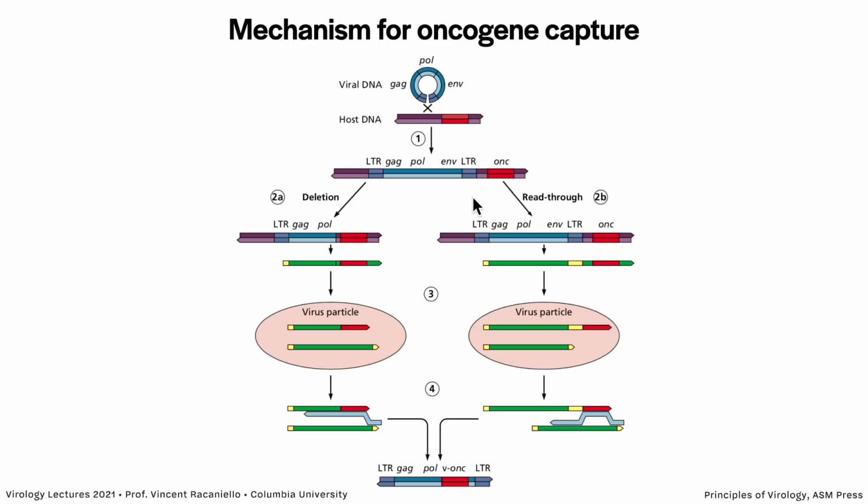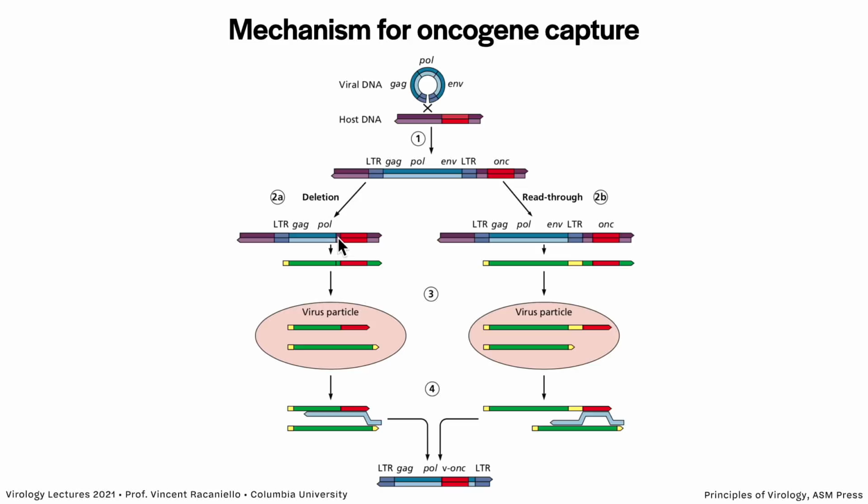A number of things can happen, and there are two different scenarios shown here. Let's go on the left and see what we have. We have integration next to an oncogene. In this case, the right-hand LTR has been deleted by recombination. Genomes recombine all the time, and this viral sequence is not needed for the host cell, so it gets deleted.